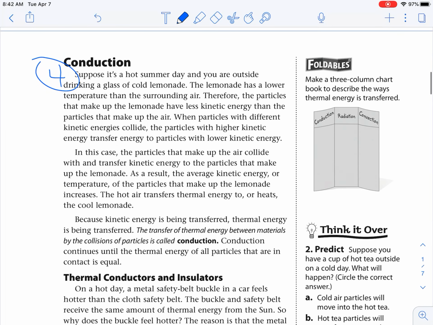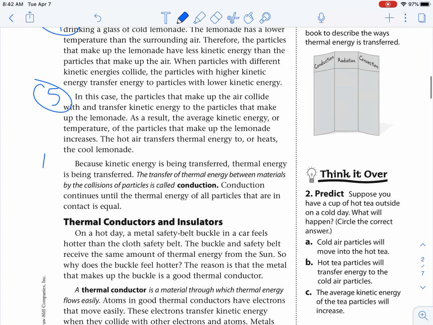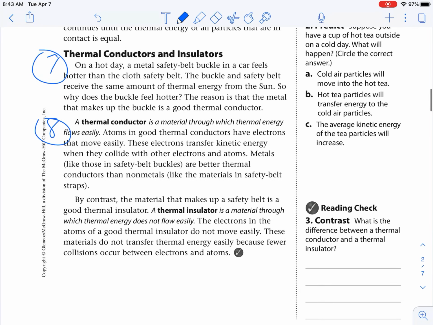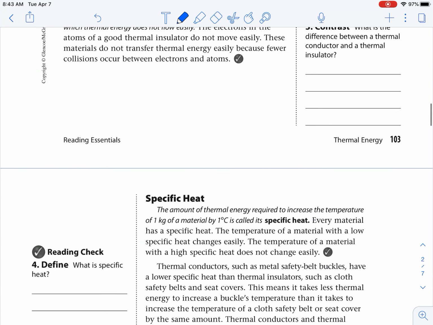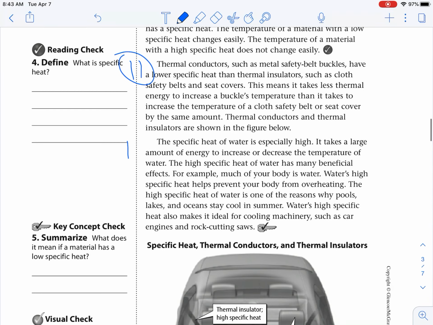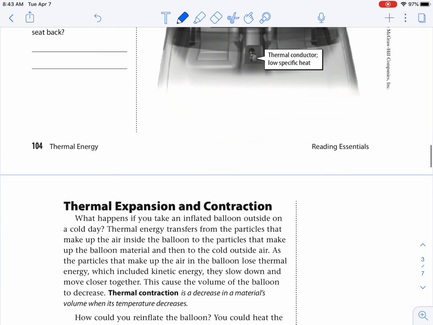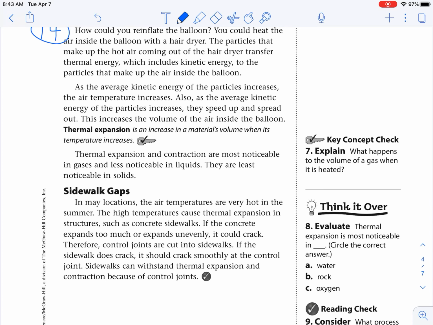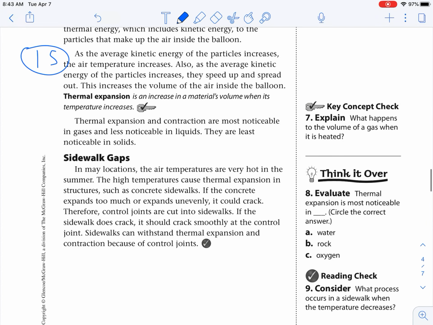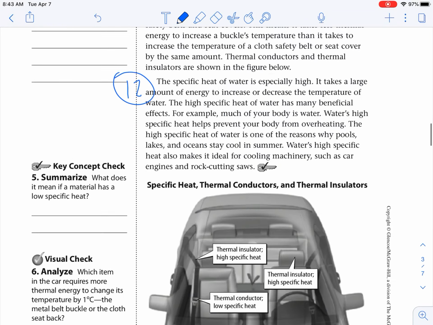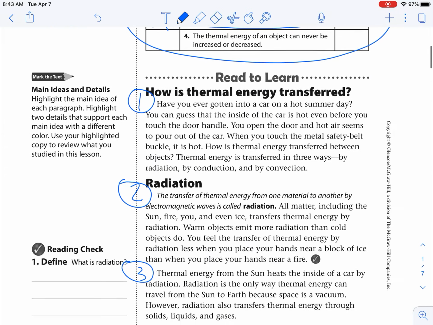And 4, 5, 6, 7, 8, 9, 10, 11, 12, 13, 14, 15, 16, and paragraph 17.